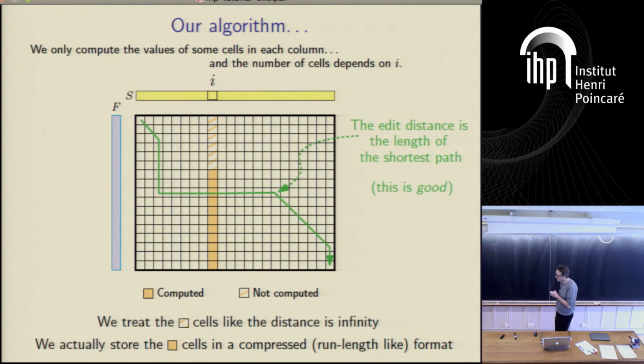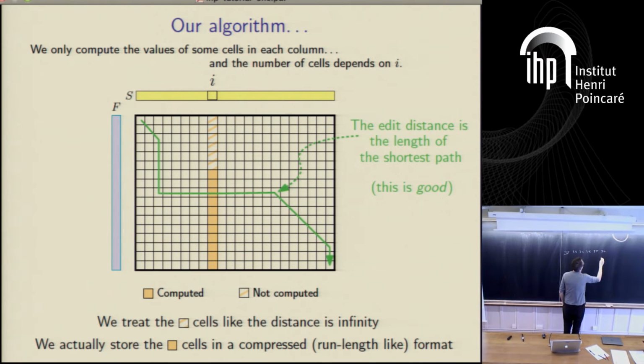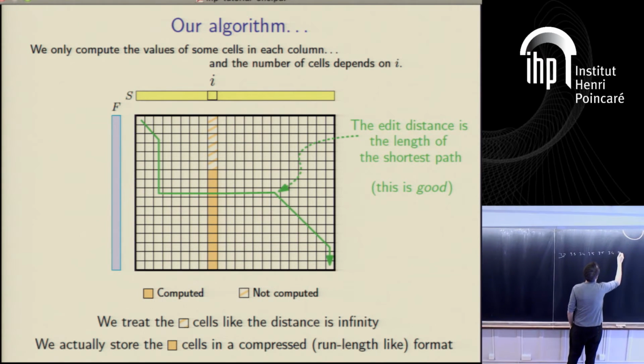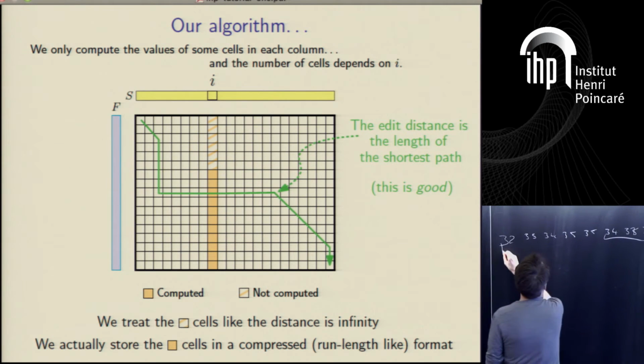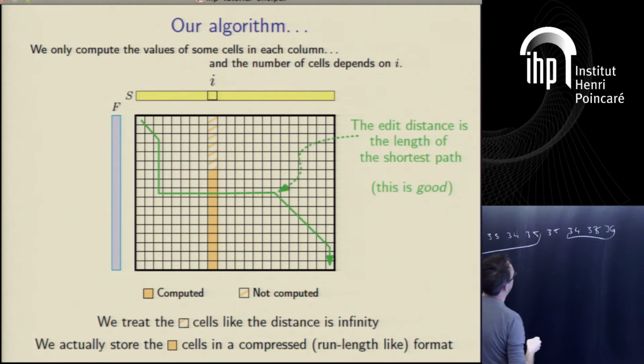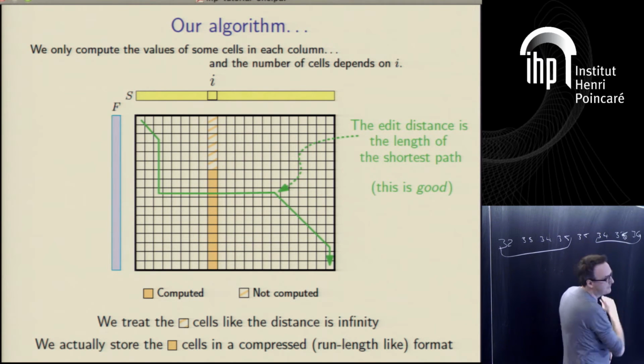So we have these blocks. Maybe I can write down a block: 32, 33, 34, 35, 35, 34, 35, 36. Each one of these blocks gets represented by a constant number of words.